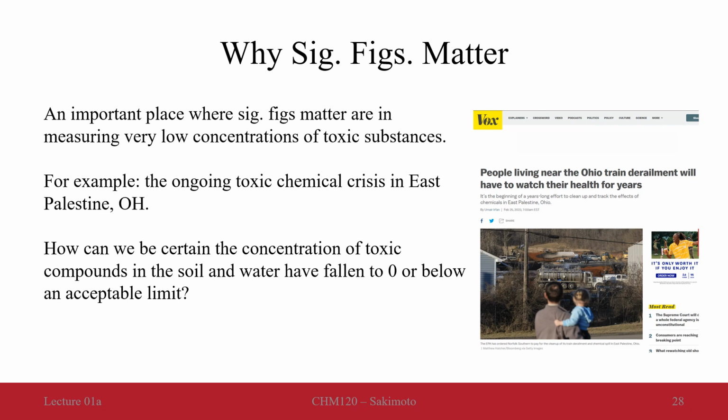How close to zero do they need to be before we can be safe and feel confident to go back into these areas? We need to know how precisely people are measuring these small numbers, this low concentration, because of how toxic these chemicals are. In this case, it may matter exactly how precise our measurement of this concentration is.